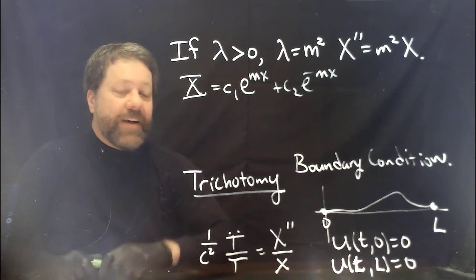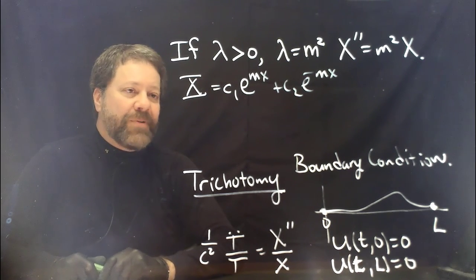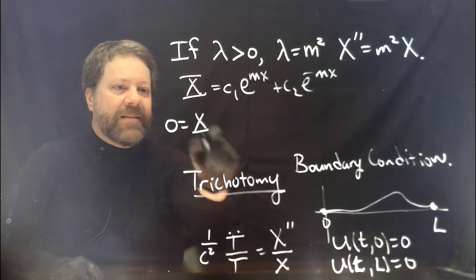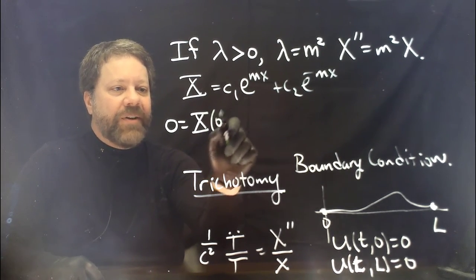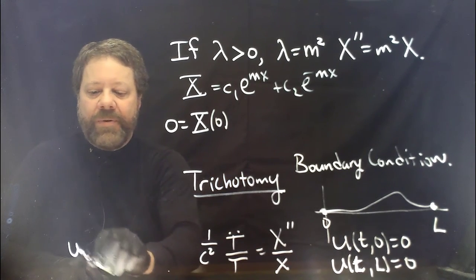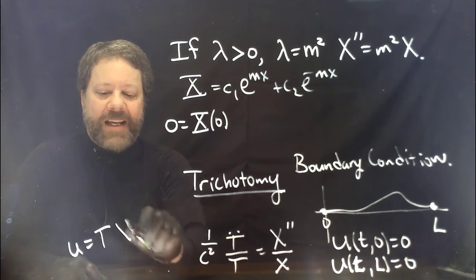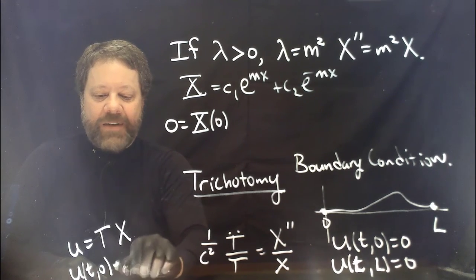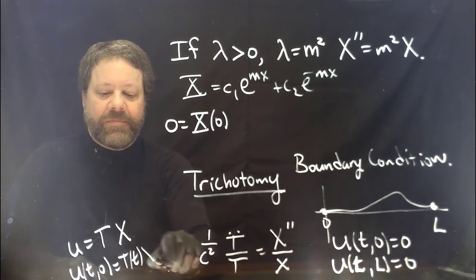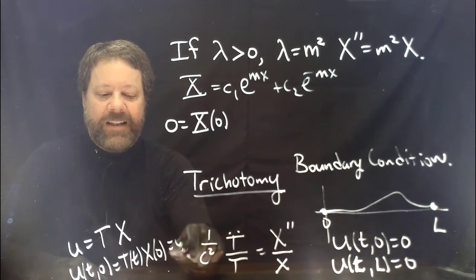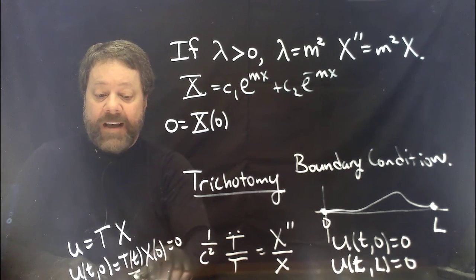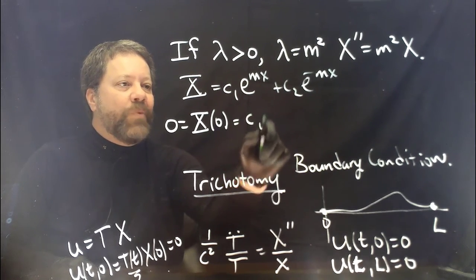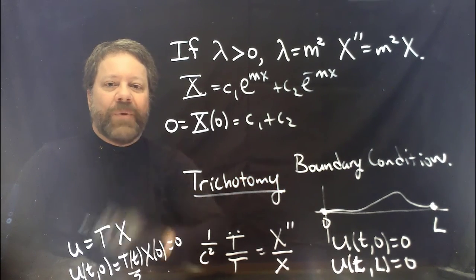We need to satisfy both of these boundary conditions. So 0 has to be X evaluated at 0. You can see that if u is equal to T times X, and u at any time evaluated at x equals 0 equals 0, this doesn't have to be 0, this will have to be, you'll have c1 plus c2 equals 0.